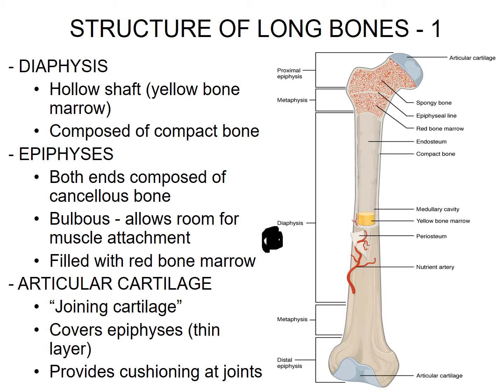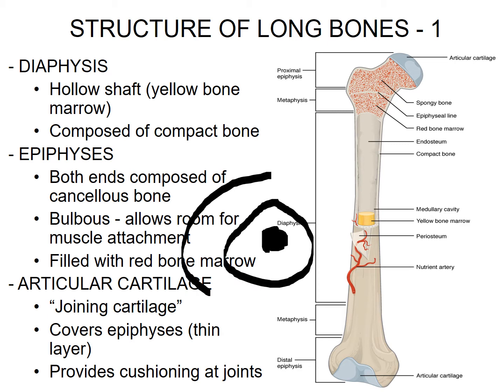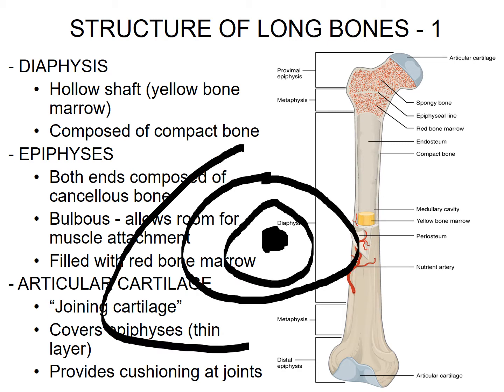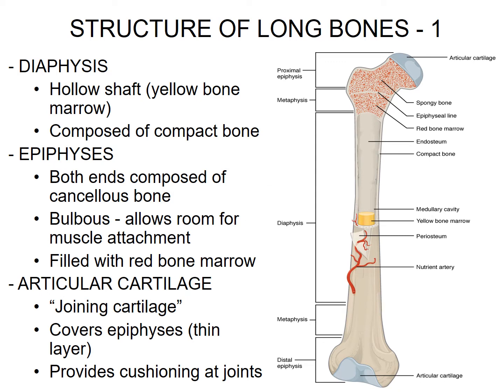And remember when we cut open compact bone, it kind of just looked like a bunch of concentric rings, like a tree if you were to look at it inside of a tree. And then the inside stuff we called spongy bone, also known as cancellous bone. Now I say that because, remember, we have those 2 different types, and when I introduce these terms such as diaphysis and epiphysis, you're going to see some of these terms pop up again.